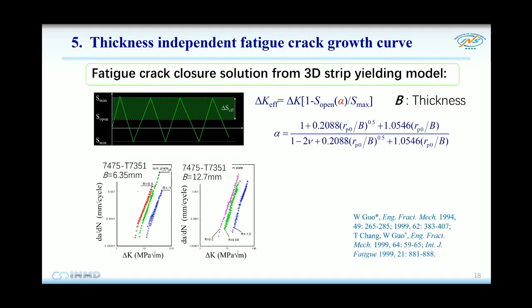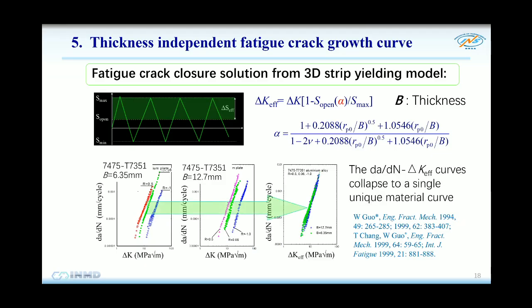It depends on three-dimensional constraint factor that depends on the thickness and also depends on the TZ distribution. And this is a material, aluminum alloy, with different thickness, different ratio, and collapse into a single curve with this consideration, this high efficient curve.